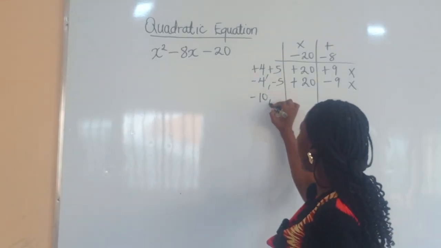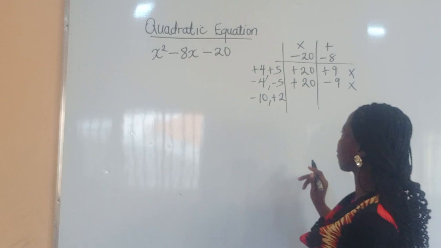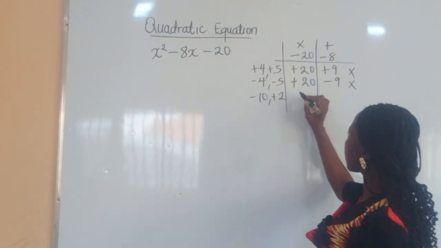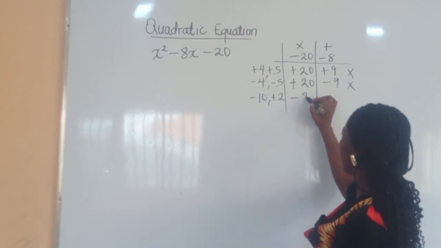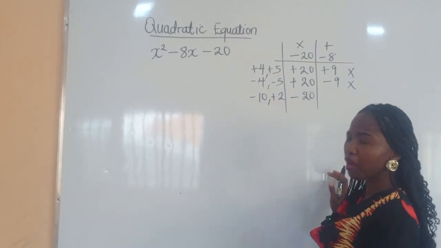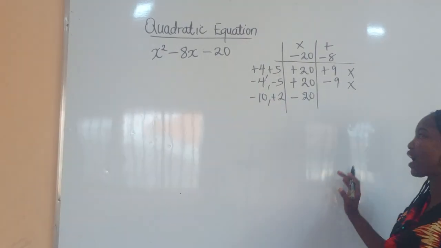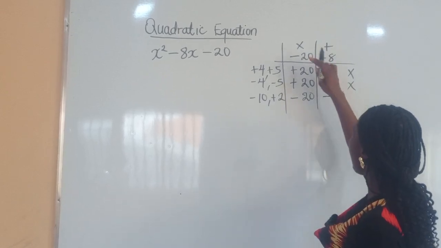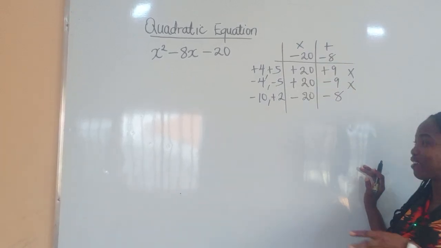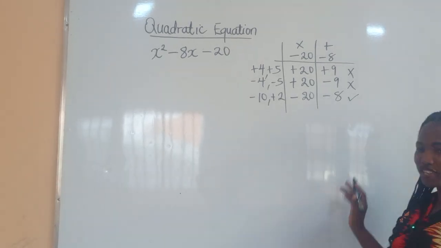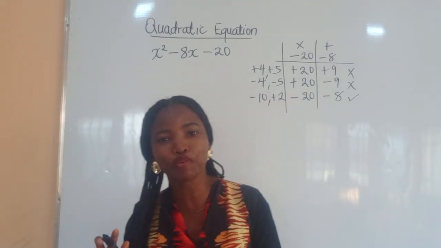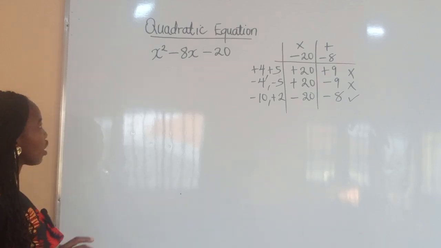Minus 10 plus 2. Let's try this. Minus times plus is minus. 10 times 2 is 20. Minus 10 plus 2 is going to give me minus 8. Oh, I've gotten it. That means I'm going to be using minus 10 plus 2. So that is what I'm going to be using when I'm solving.